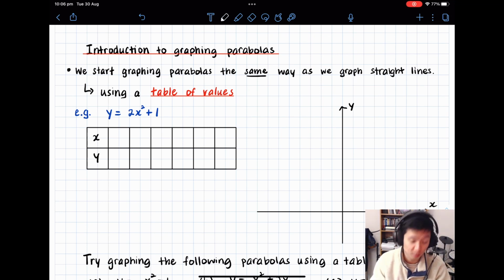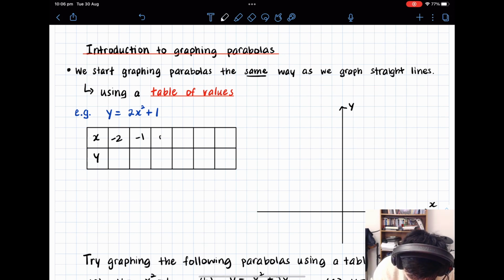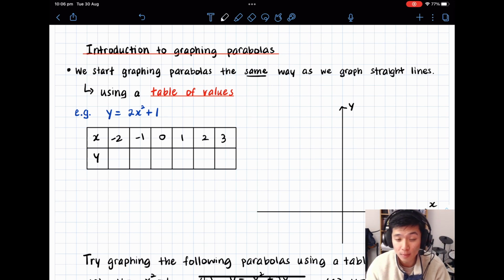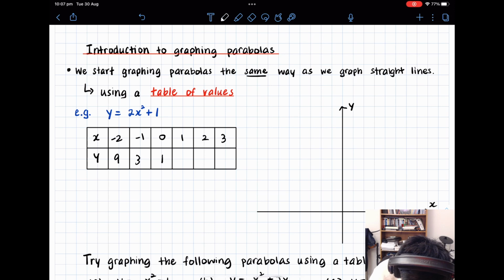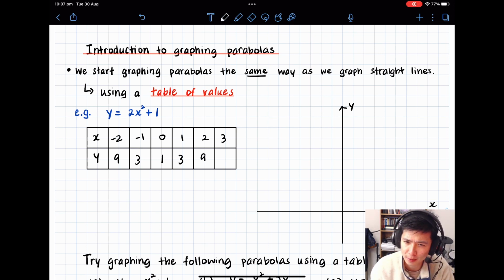I'm going to start from maybe -2, -1, 0, 1, 2, 3. I put these x values into the equation and fill these in. So that will give us 9. This will give us 3, 1, 3, 9, and 3 squared is 9, times 2 is 18, so 19.